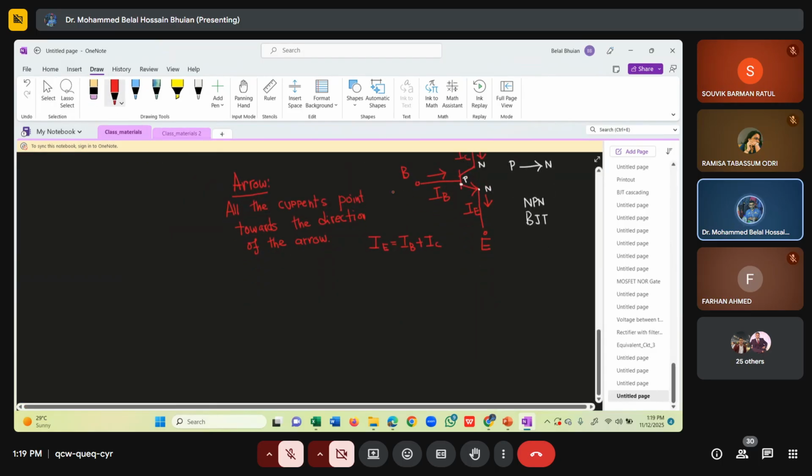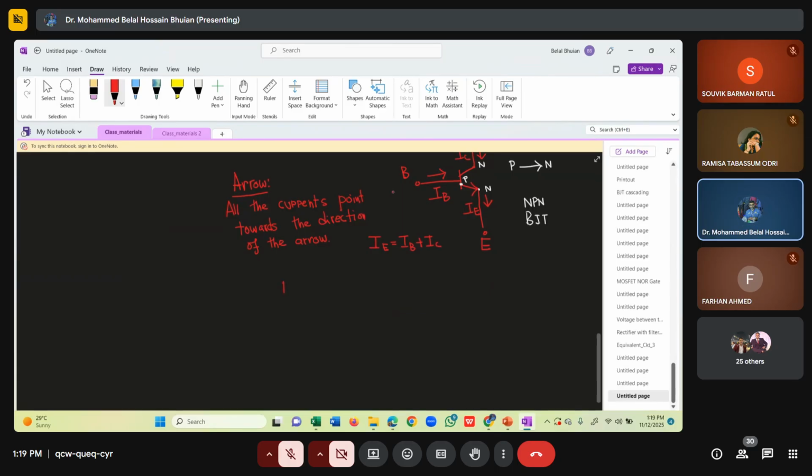Now, how can we draw the PNP BJT? So that is our base. This must be our emitter. This must be our collector, and these are the currents, in the same direction as the arrow: IE, IB, and IC.